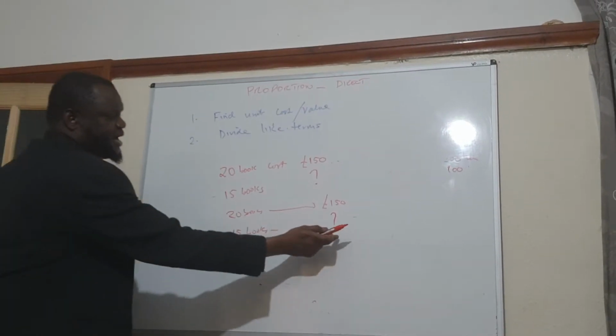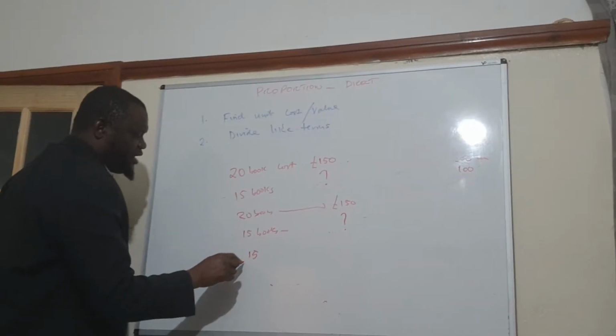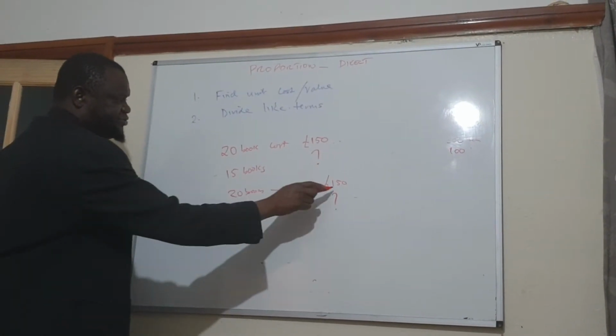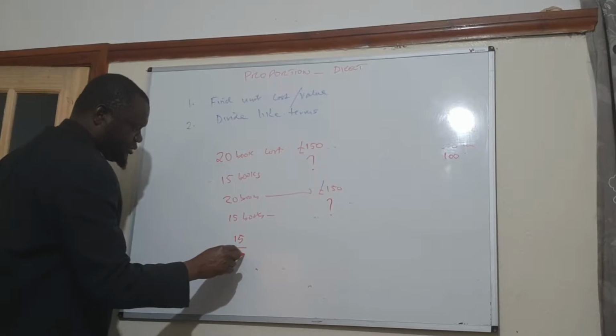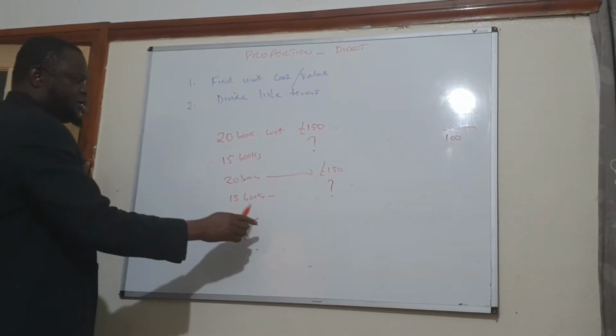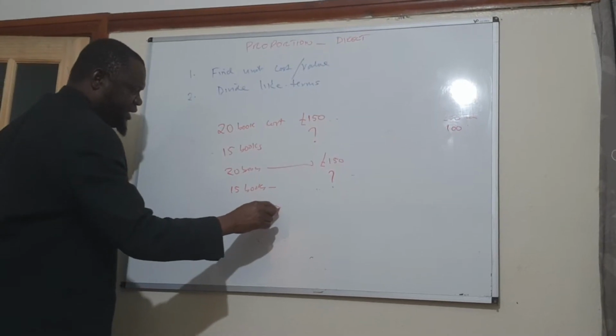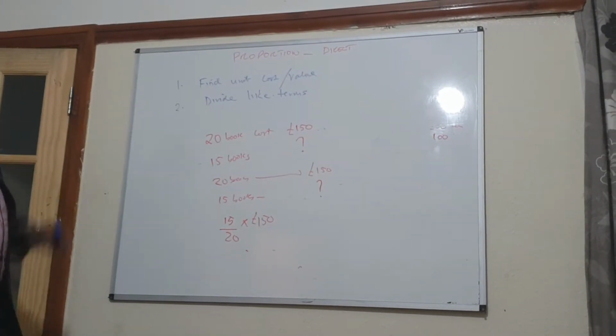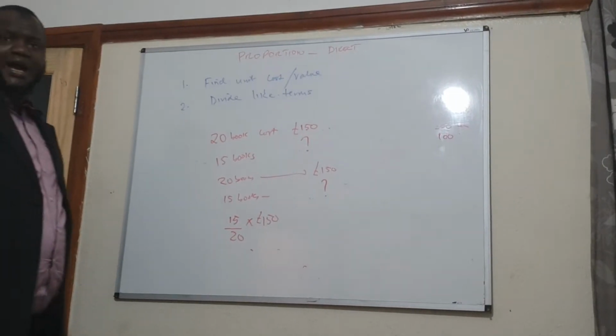The one with a question mark will go up, and the one which is known, the 150, will go down. Then multiply by the unlike time, which is money, £150. That's what I mean by dividing the like terms.